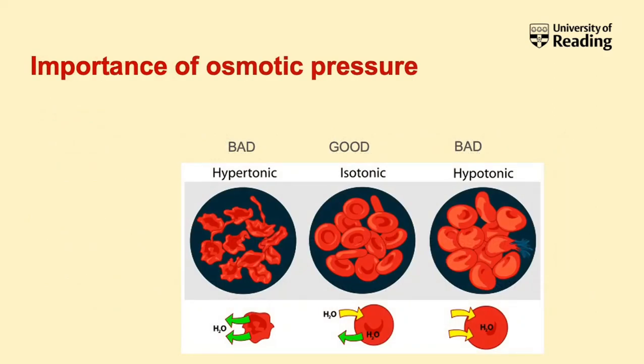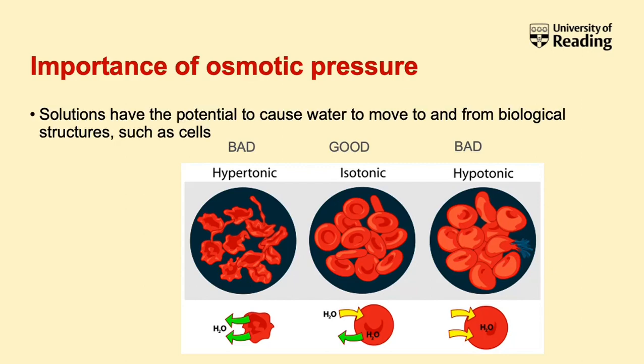And this is what I am trying to show in this final slide here. So you can see that we have an isotonic material, that's very good. So in an isotonic situation, we have no net movement of water to and from biological structures such as cells. So we're in equilibrium and everything is fine.